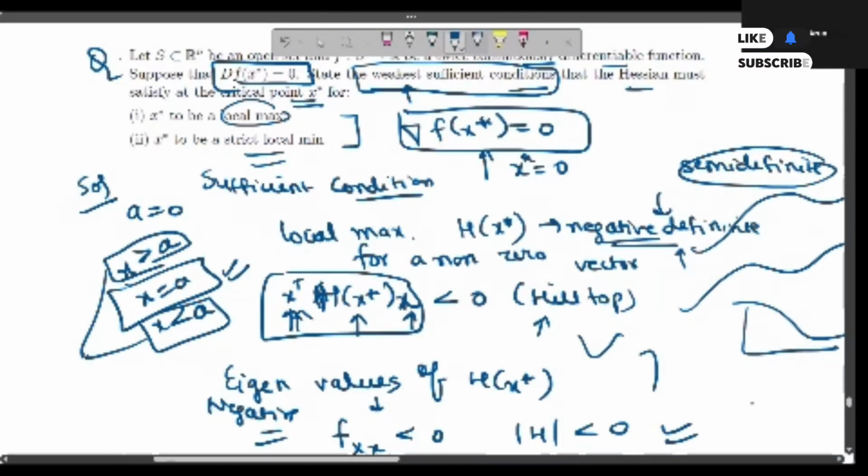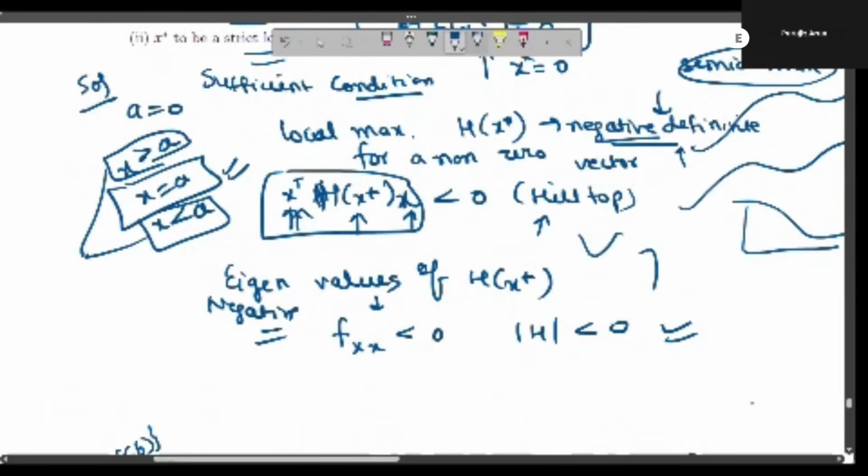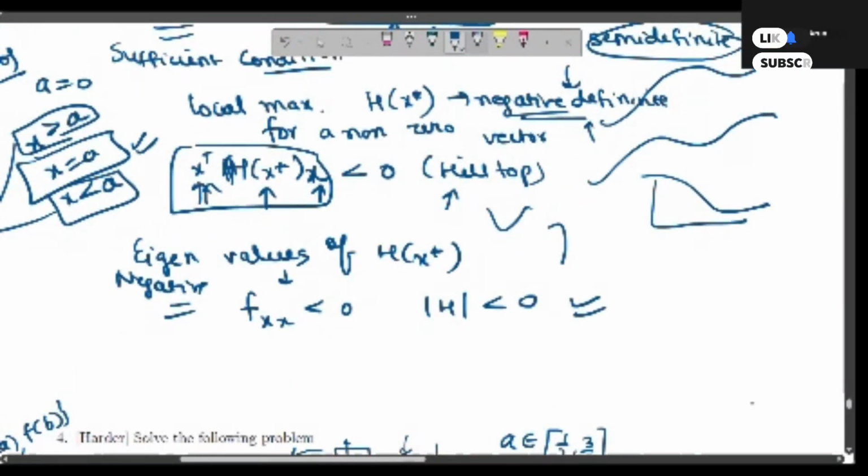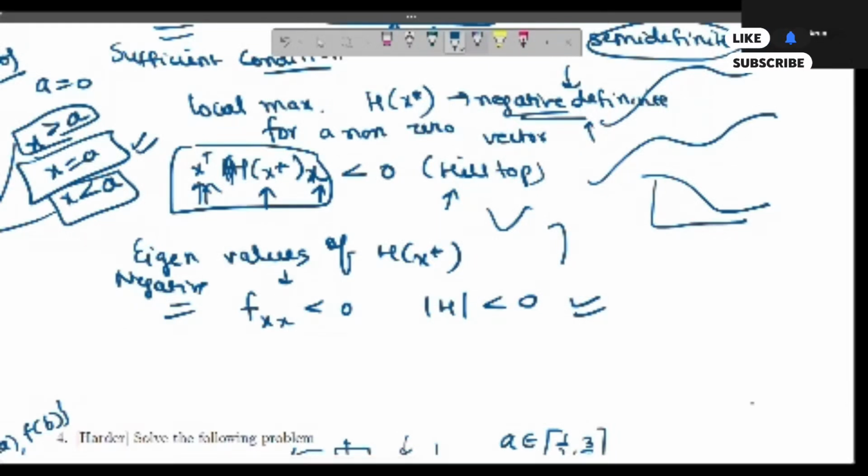Since we're finding local maxima here, we'd want to consider the function through the Hessian, where it is negative definite, and that's how we are going to define the function, where the quadratic form of the function is less than zero, thus negative definite, thus it is local maxima.